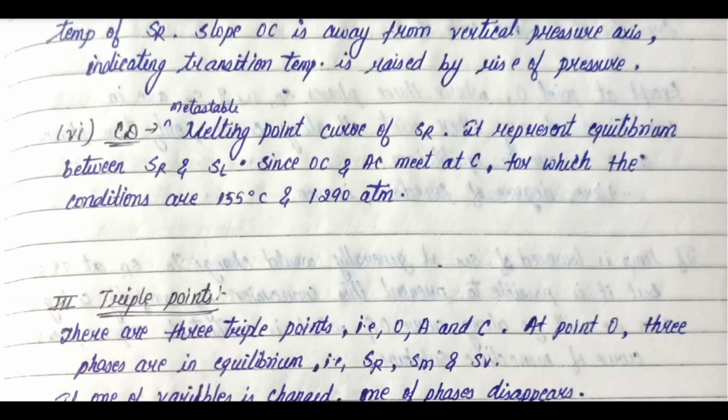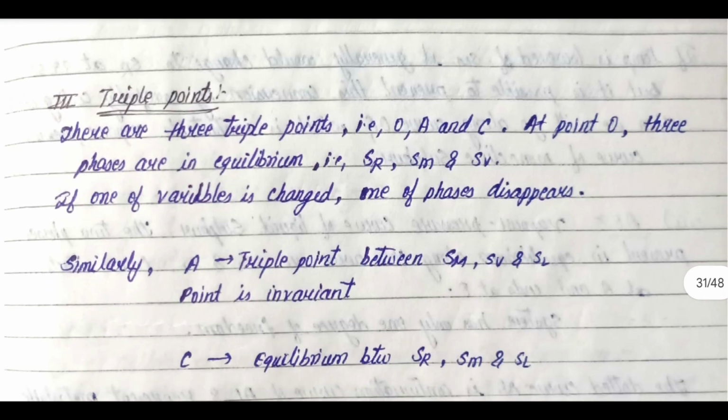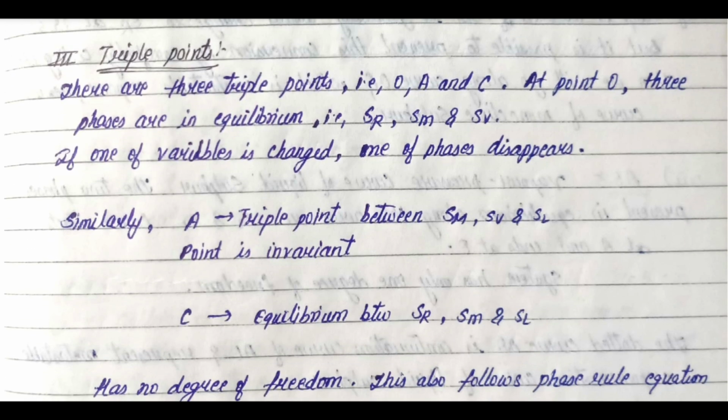Since OC and AC meet at C, the conditions are 155 degrees Celsius and 1290 atmospheres. Triple points: there are 3 triple points, that is O, A and C. At point O, 3 phases are in equilibrium, that is SR, SM and SV. If one of the variables is changed, one of the phases disappears.